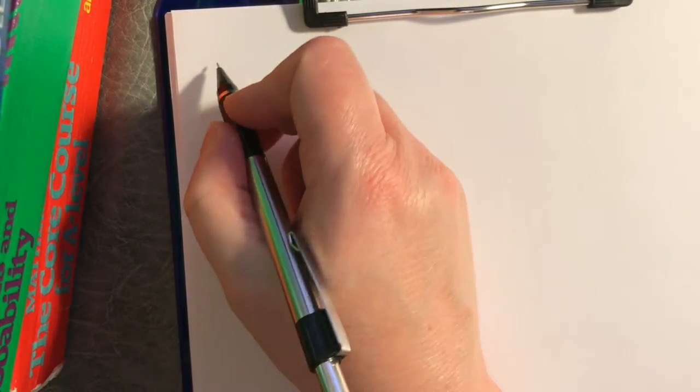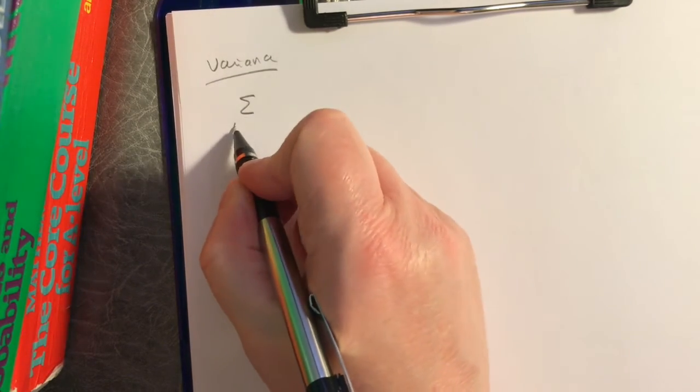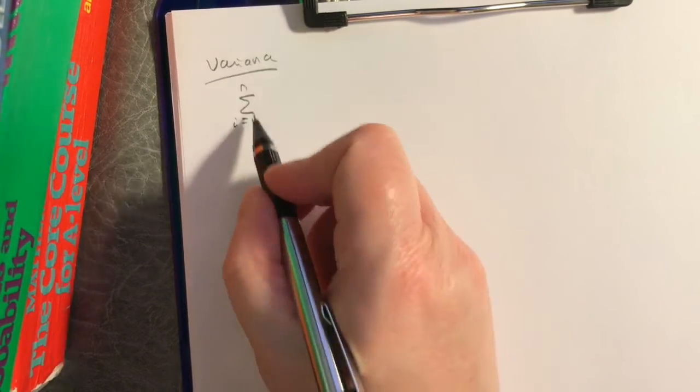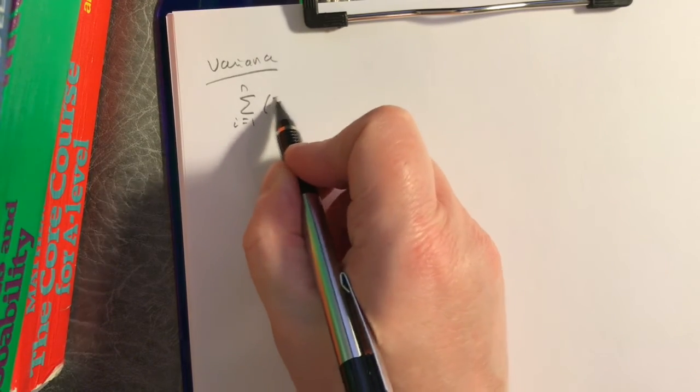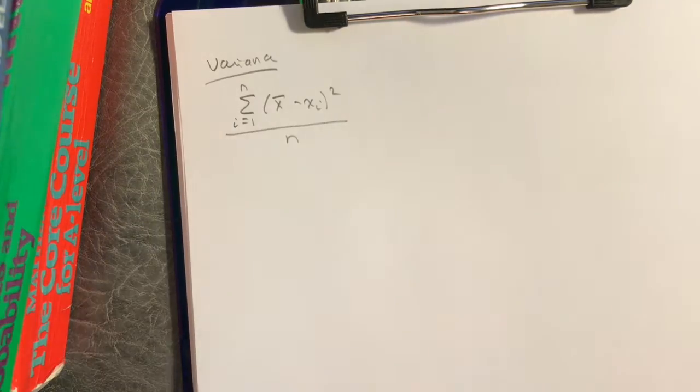Okay, so here's how it goes. So here's the definition of a variance. You've got n data points. Your mean, subtract each data point, squared, divided by n data points.